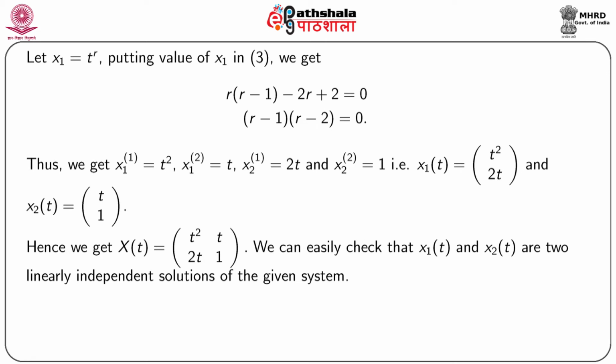Your x21 is just the differentiation of t square, which is 2t, and x22 is the differentiation of t, which is 1. Hence, we have x1(t) equal to (t square, 2t) and x2(t) equal to (t, 1), and hence we get X(t) equal to [t square, t; 2t, 1], which is our required solution.